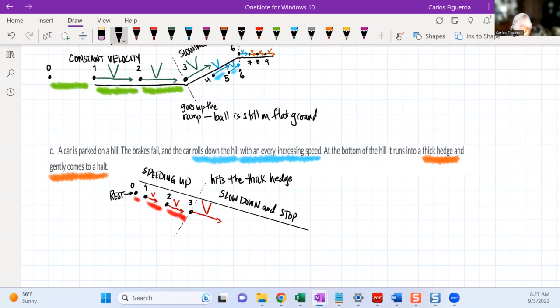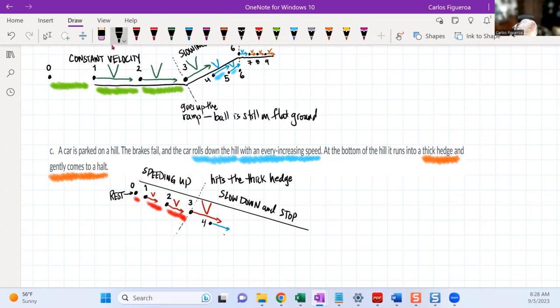Now it starts to slow down. So as it slows down, then the interval between 2 and 3 has to be smaller than the interval between 3 and 4. So then here I go. Here's going to be my 4 interval. So my 4 interval now says that in this interval, it's going to be slower.